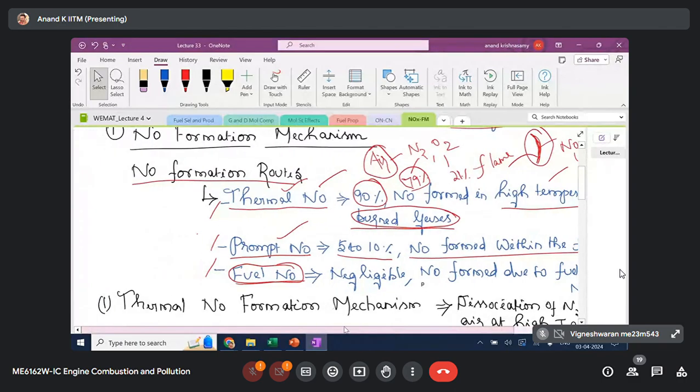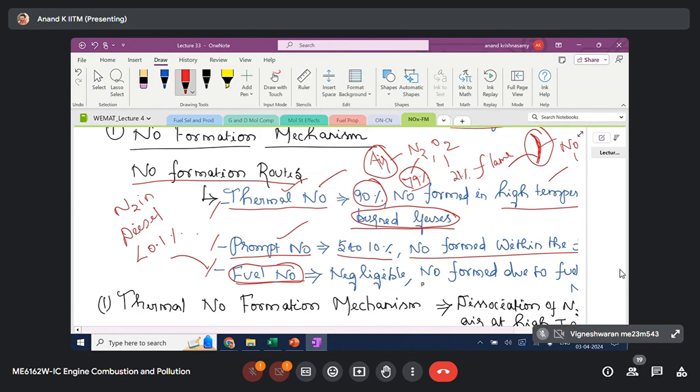That's why it's called fuel NO. Fuel consists of nitrogen to a very low level. In gasoline, the nitrogen present is nothing. In diesel, nitrogen is present, but the concentration will be less than 0.1%.